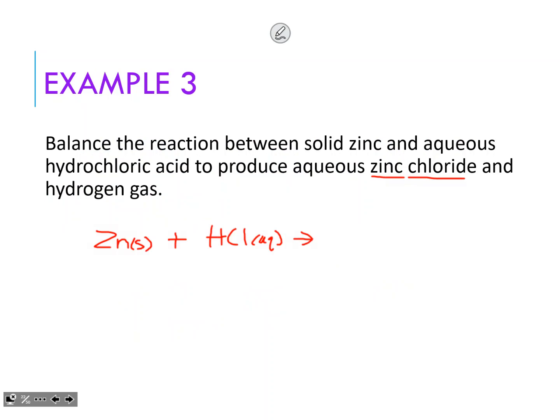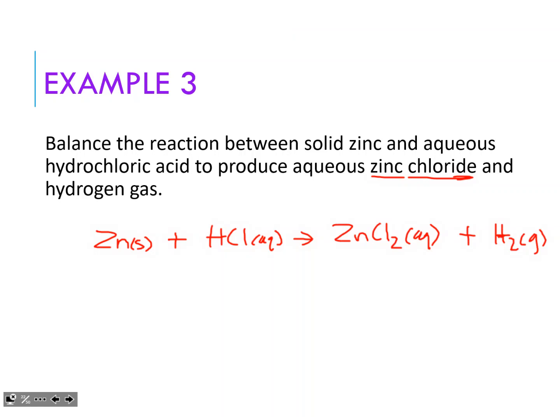Now, what is the normal charge on zinc? So we can write the formula correctly. Zinc is 2 plus, so we are going to need 2 chlorides to balance that out. We get that in aq since it says it's aqueous, and then we get hydrogen gas that's going to bubble out in the end.